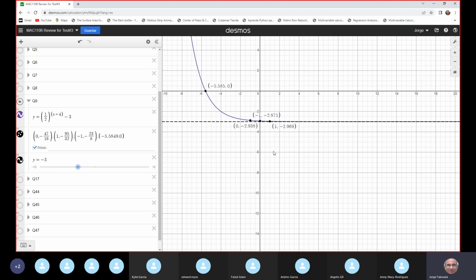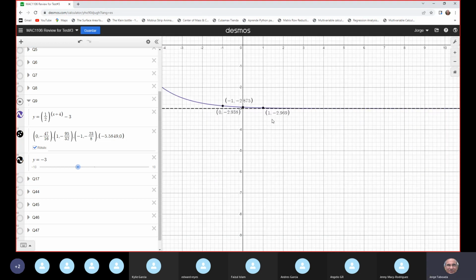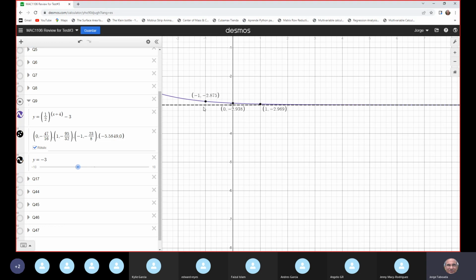These are the three typical points that are important in any exponential: plugging in 0, plugging in 1, and plugging in -1. And the x-intercept is complementary.